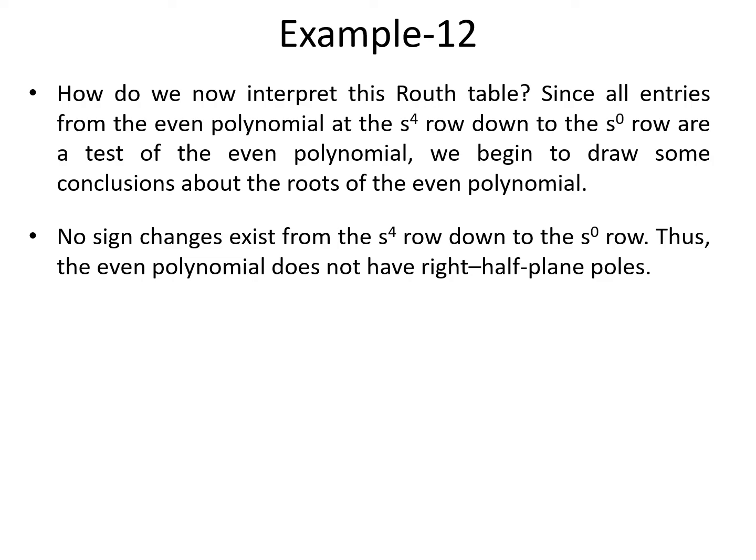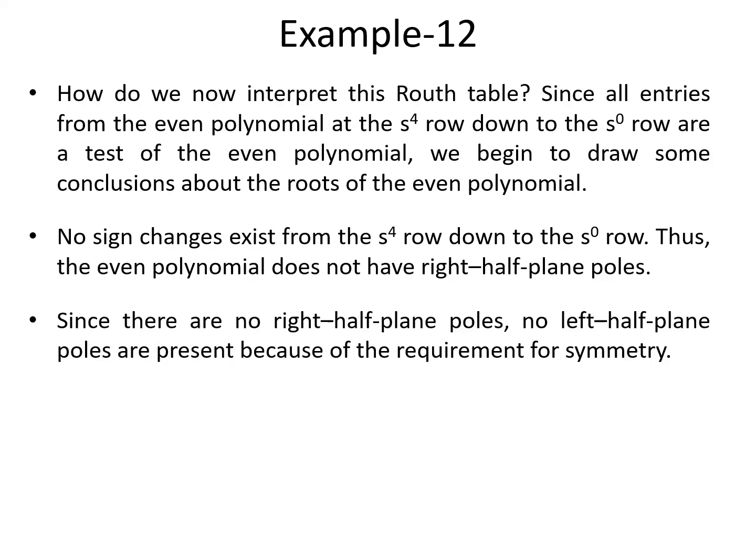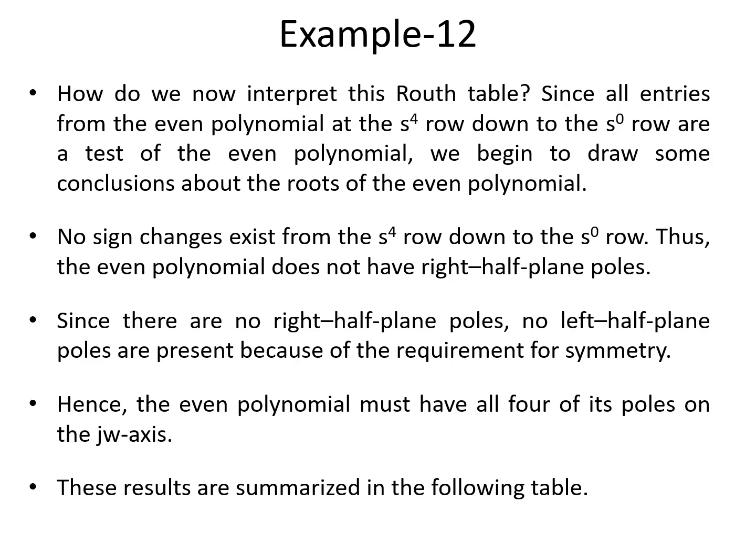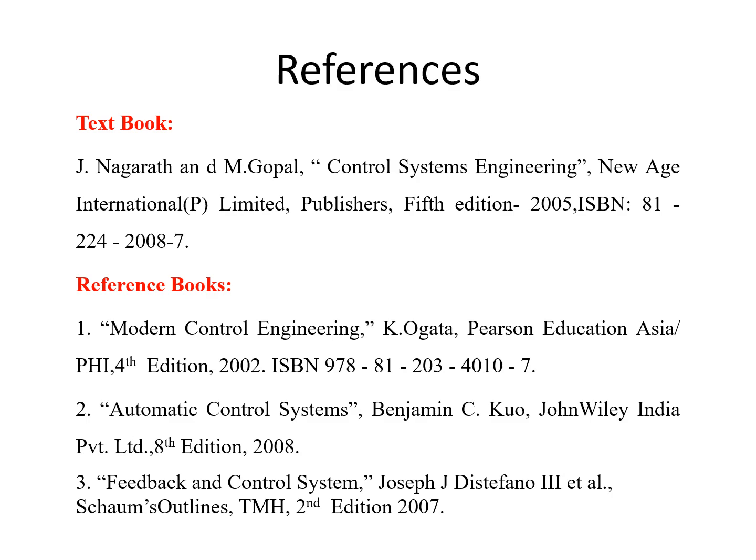That means the even polynomial does not have right half plane poles. Since there are no right half plane poles, no left half plane poles are present because of the required symmetry. Hence the even polynomial must have all four of its poles on the j omega axis. These are the summarized results of the previous example.